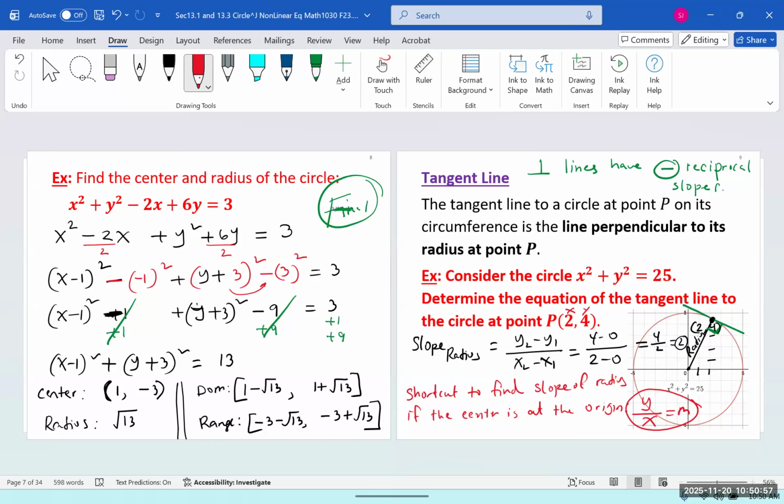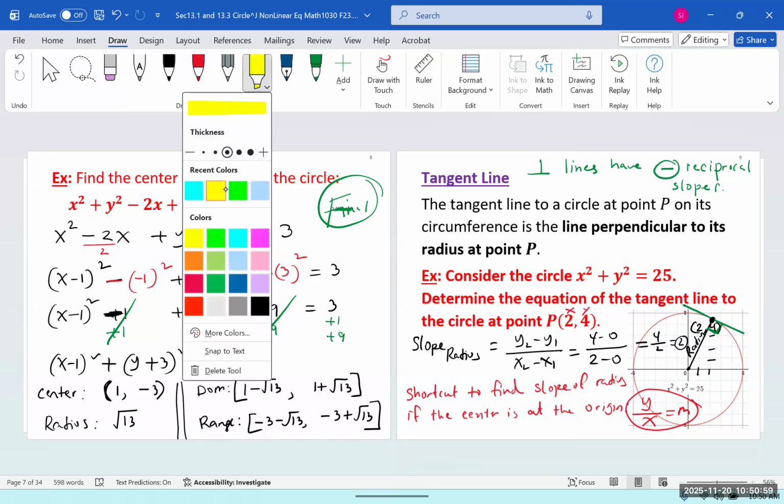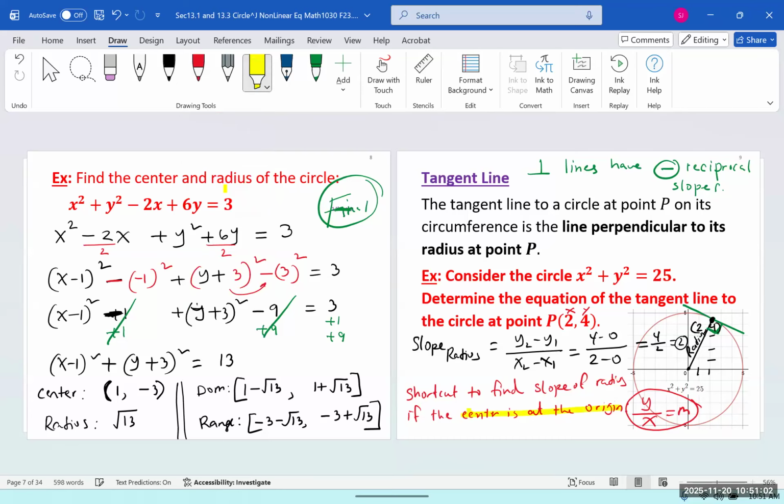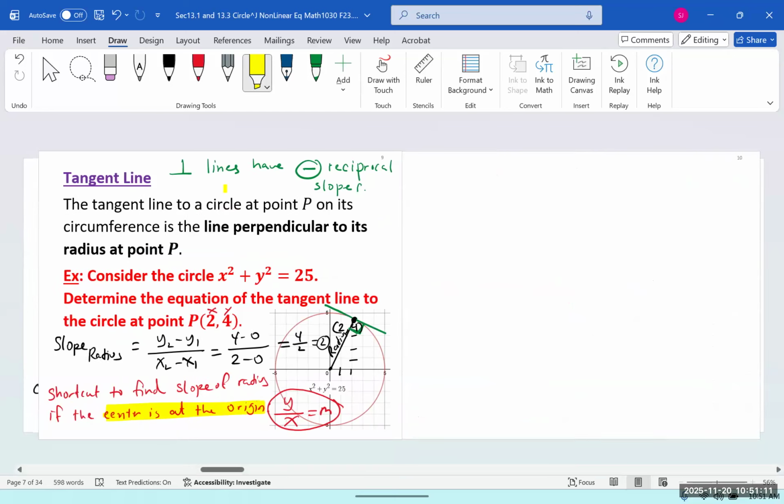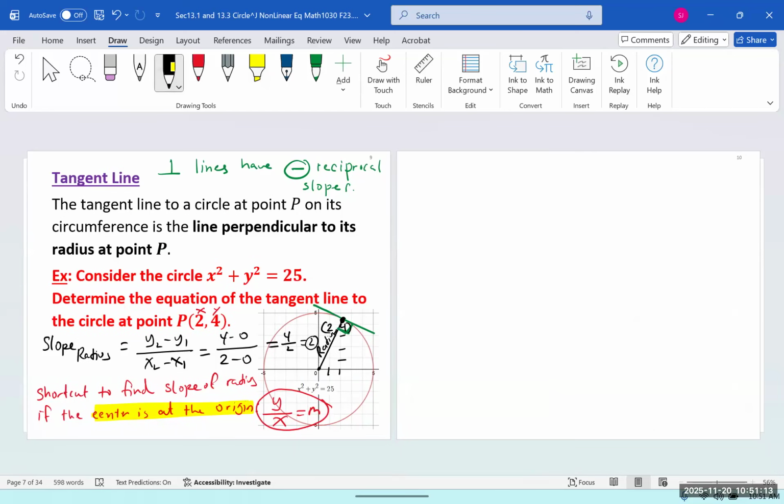But this shortcut is true only for a center at the origin. If the center is not at the origin, then you cannot use the shortcut. So once you have the slope of the radius, which is 2, that tells us the slope of the tangent line: -1/2.